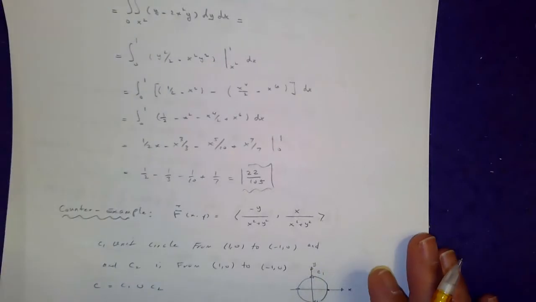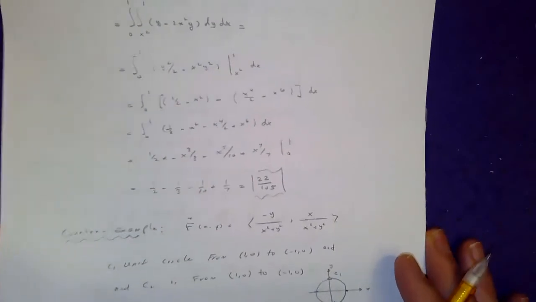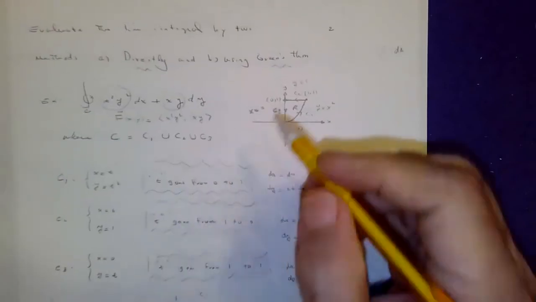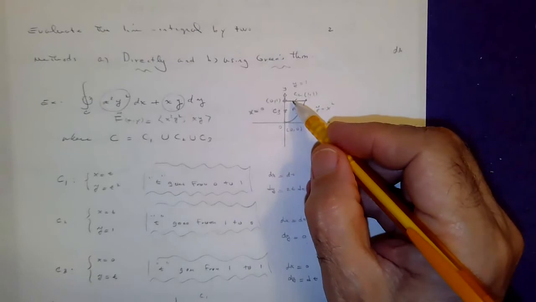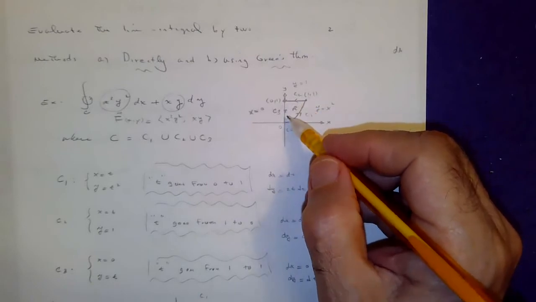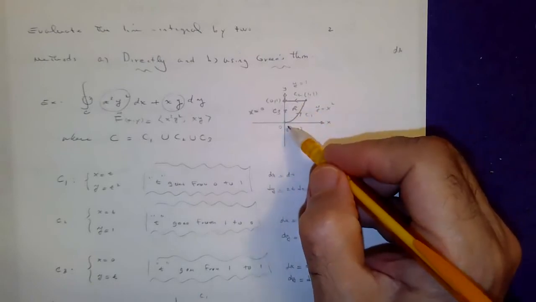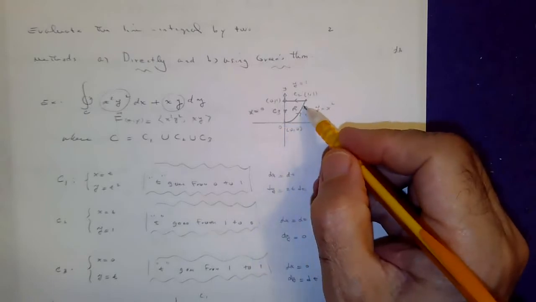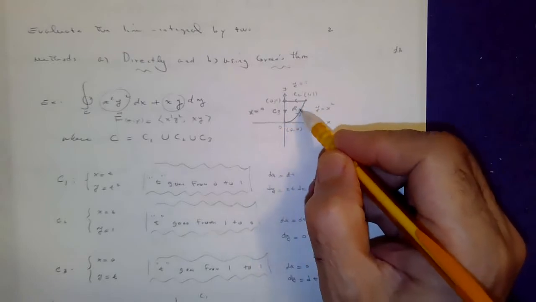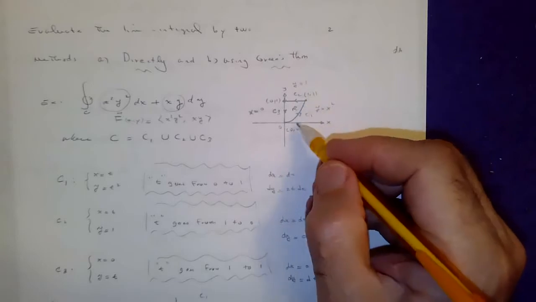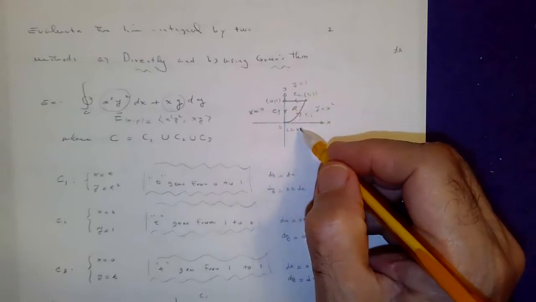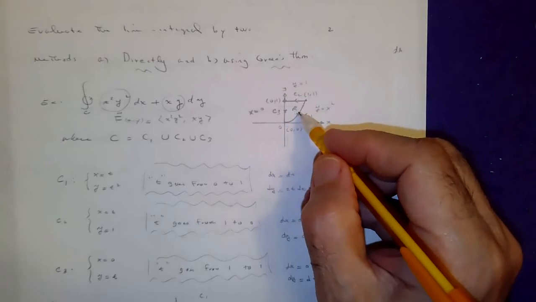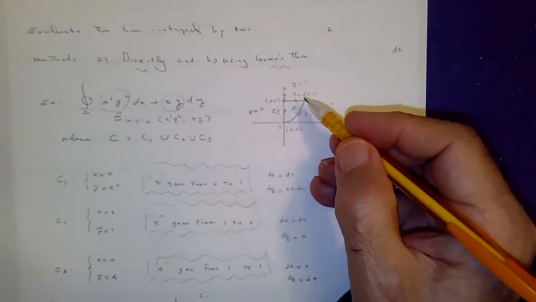Now, Mr. Green says, you know what? Because you have met all the conditions, which are, you have a simple closed curve, which is positively oriented, which means it goes counterclockwise, and is piecewise smooth, okay? So it contains a region, so that way you can have an area.